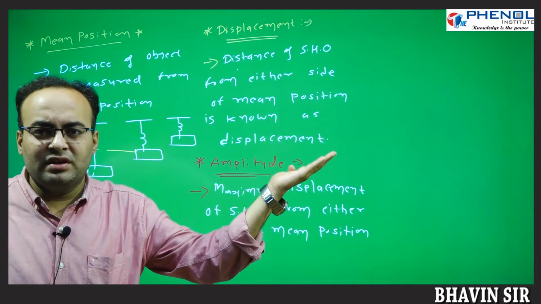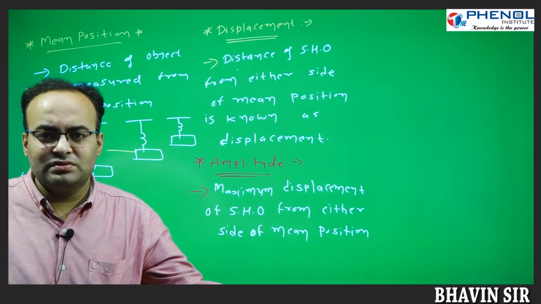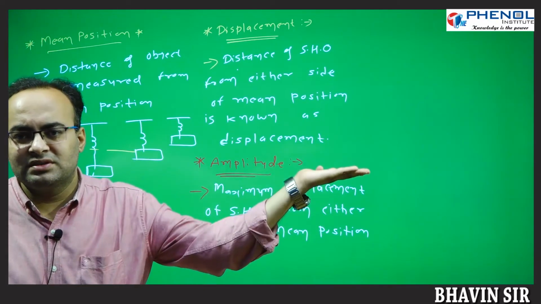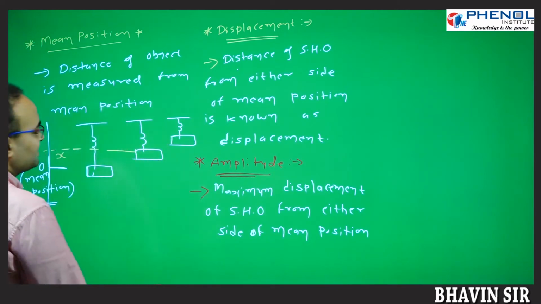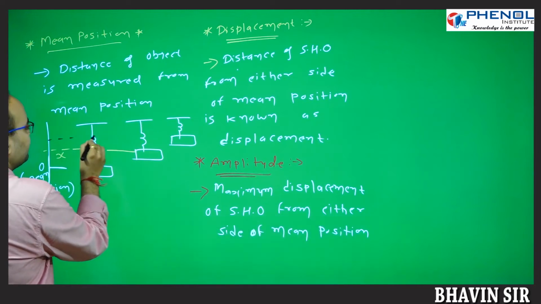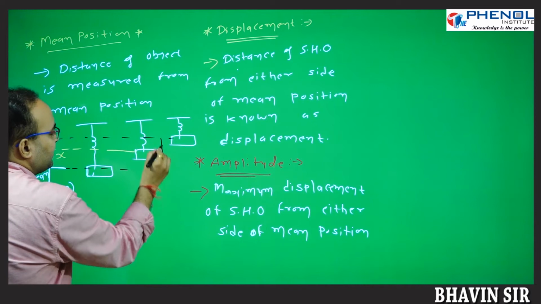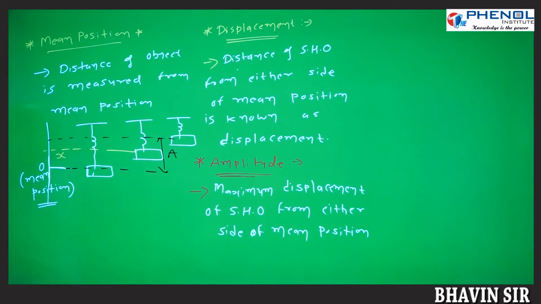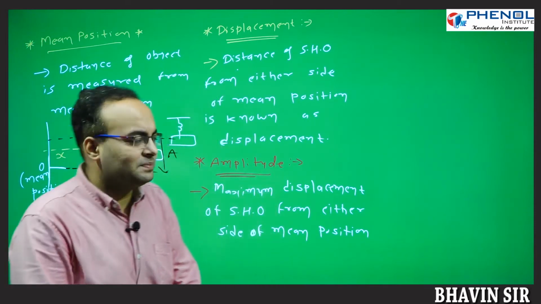After that it moves in negative direction, downward direction, so it is minus A, then again 0. So this is the maximum displacement, known as A. So x means displacement, A is maximum displacement.